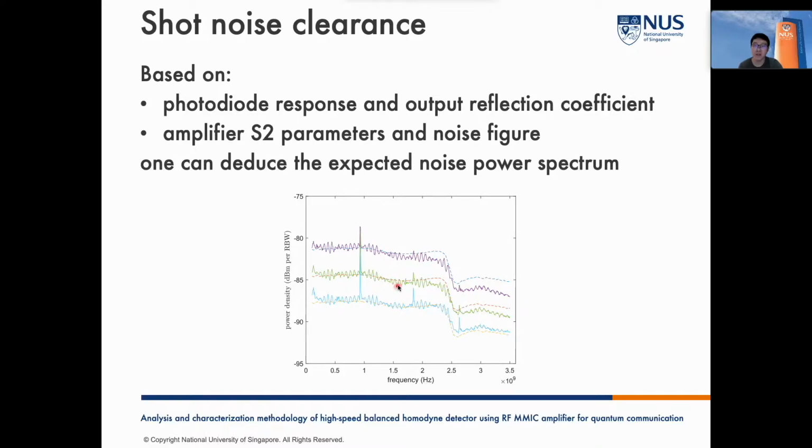From this prediction, one can also see how much shot noise clearance one can get before performing the experiment, and then compare it with the value from the experiment. This is one of the typical figures that we get from this characterization, where the dashed line is the model prediction and the solid lines are the experimental data.